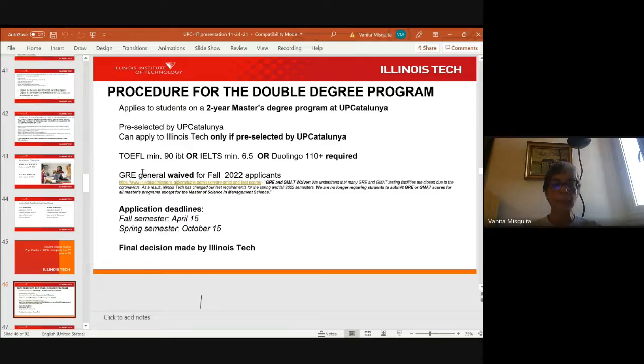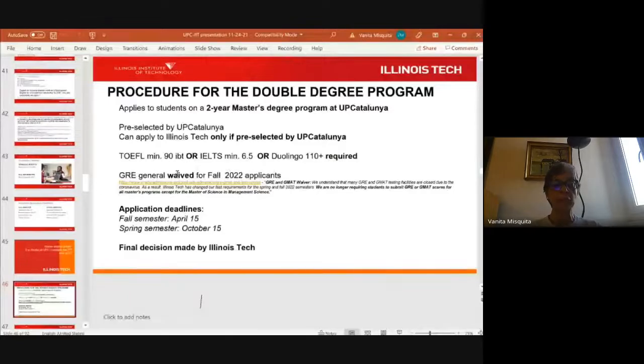To apply to Illinois Tech, you need to have a minimum score of 90 internet-based, or IELTS 6.5, or Duolingo 110. The good news, thanks to COVID, the GRE, Graduate Record Examination, that we used to require is waived for all fall 2022 applicants, except for anybody who may be interested in the Master of Science in Management Science.